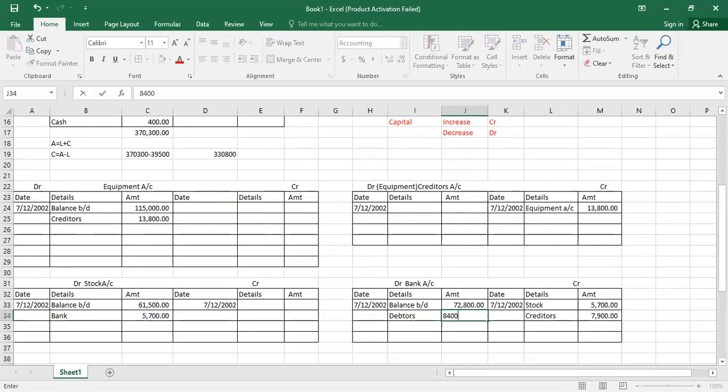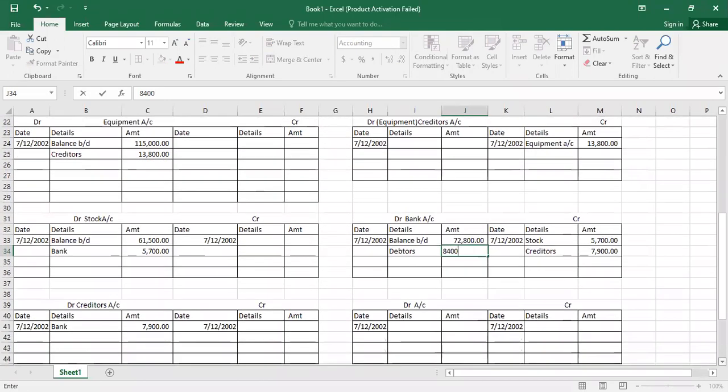Debtors, we have a debtors account. If it's not there, we generate. So we have debtors popping up. So you need to have a debtors account and credit it with bank. And it is worth 84.